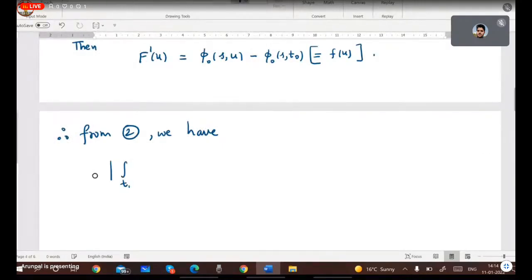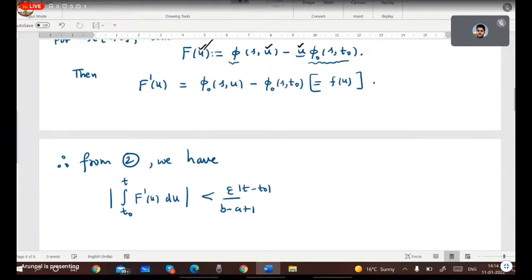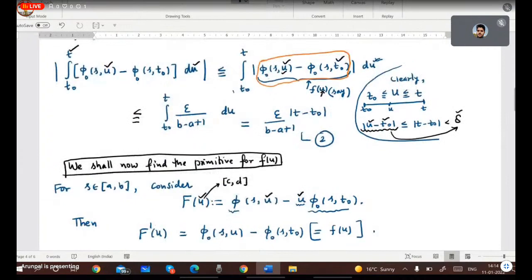modulus of the integral from t naught to t of f dash u du was less than t minus t naught times epsilon divided by b minus a plus 1. So we have this thing was less than or equal to this. Is this okay, class?